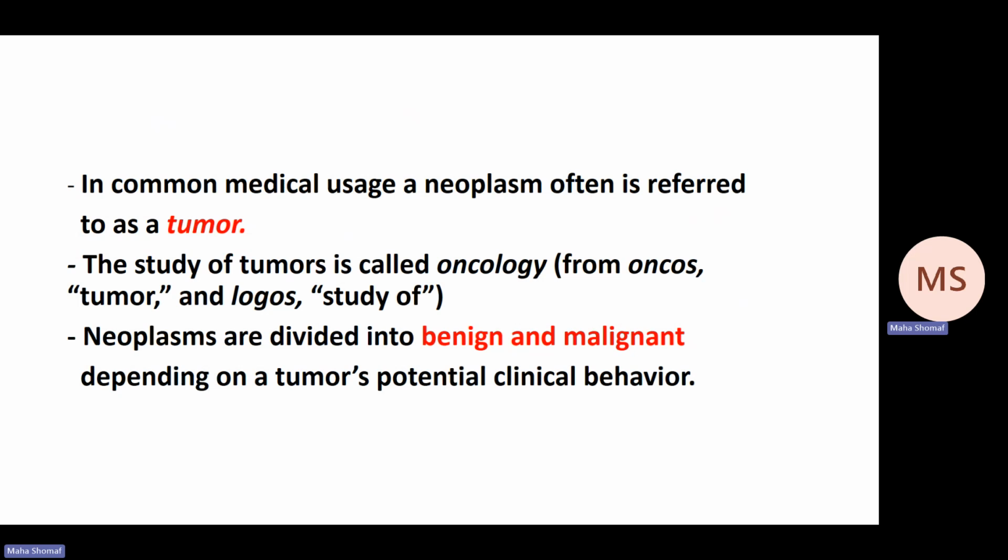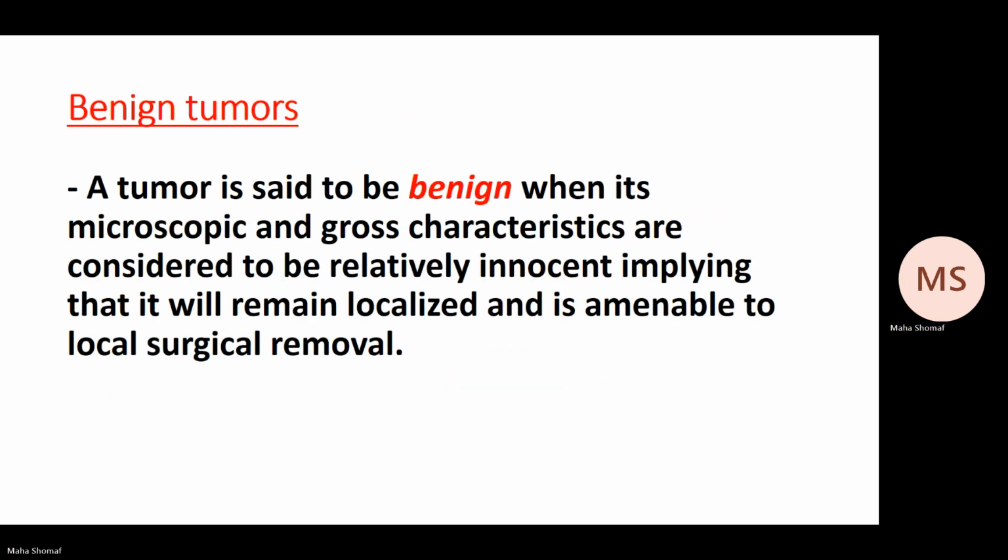Neoplasms are divided into benign and malignant tumors, and this depends on a tumor's potential clinical behavior, and the differentiation between benign and malignant tumor is very mandatory, and it is very important for the patient and the clinician in order to determine the outcome of the presence of the neoplastic process.